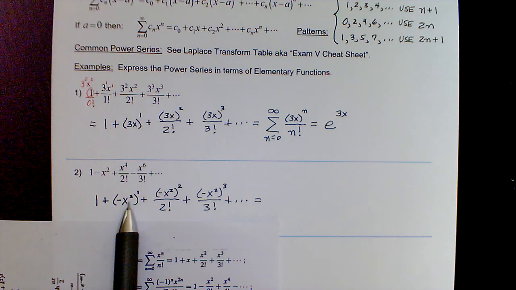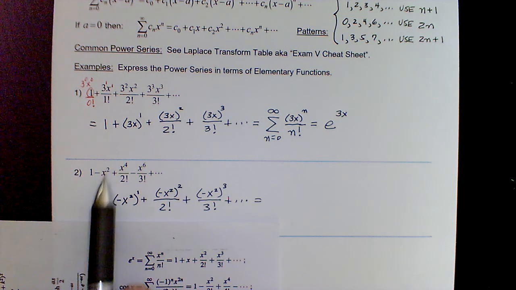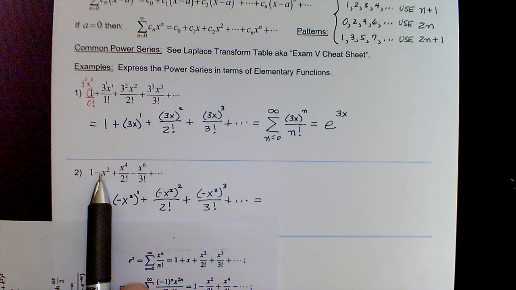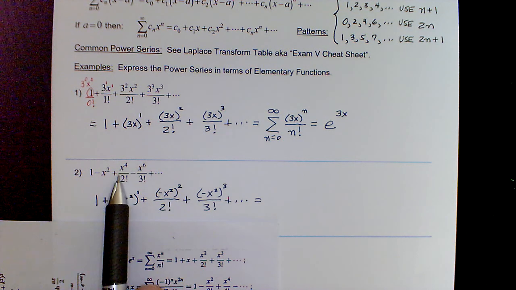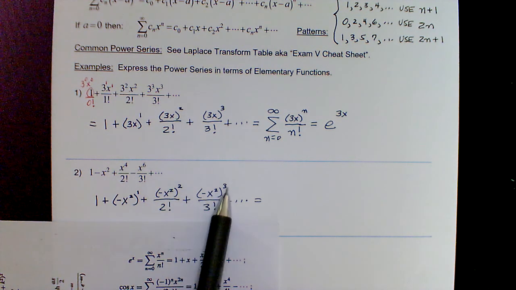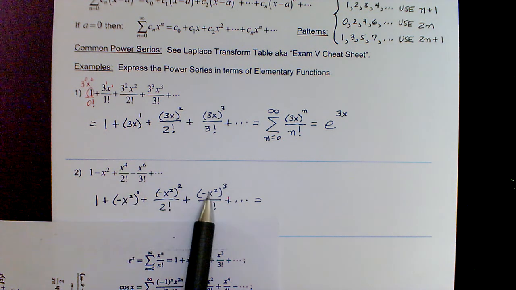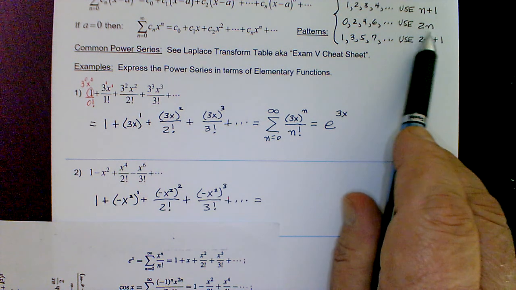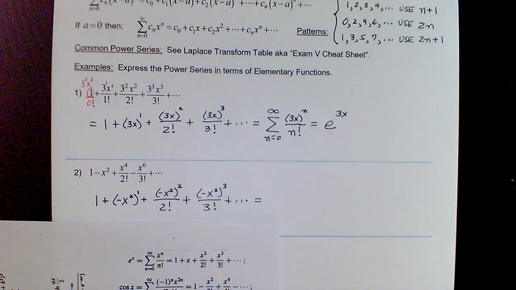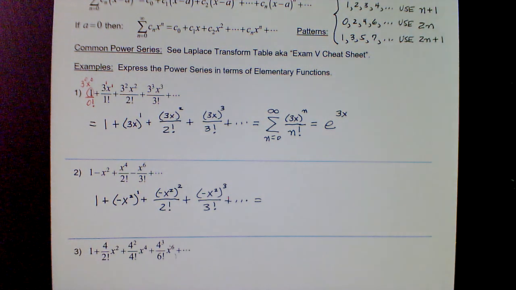So notice how, naturally, this took care of the alternation of signs. Negative 1 to the first is negative 1, negative 1 squared, positive, negative 1 cubed, negative, and the x squared took care of the fact that it's really 2n rather than just n in terms of the pattern.